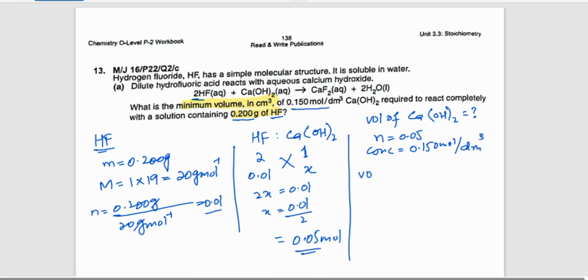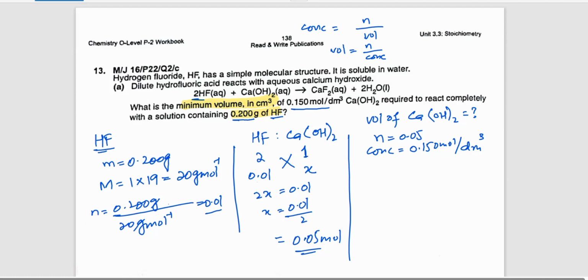So we can find out the volume. Sorry, it's not like this, the formula becomes like this. Wait, concentration is equal to number of moles divided by volume. After rearranging, you will see that volume is equal to number of moles divided by concentration.